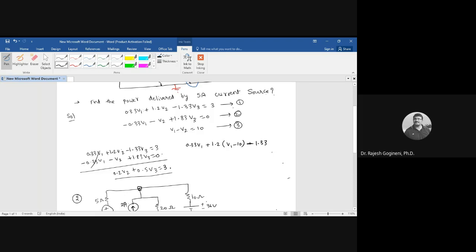See, from this simplified equation, that is equation 4, there is equation 4.